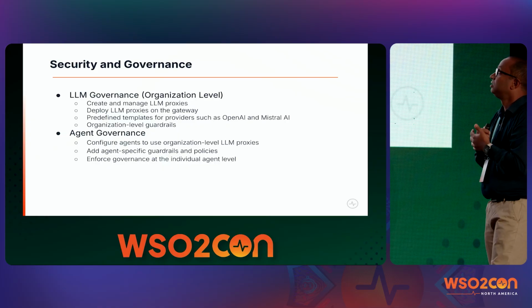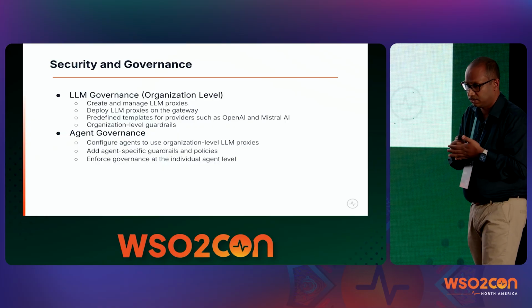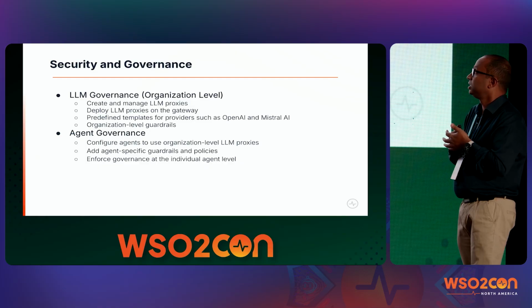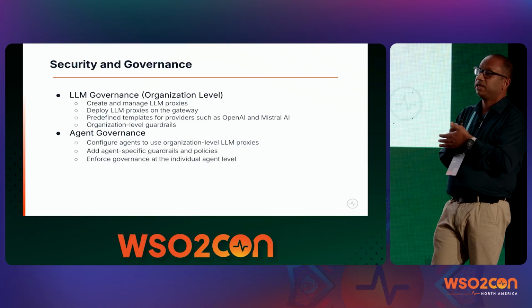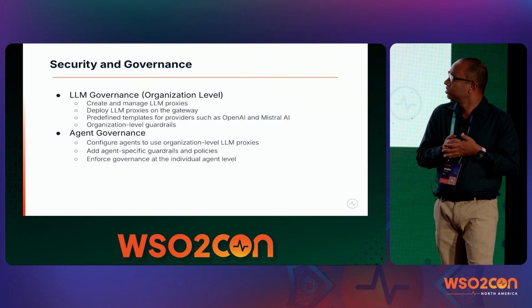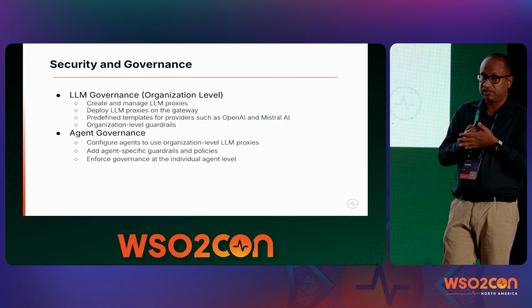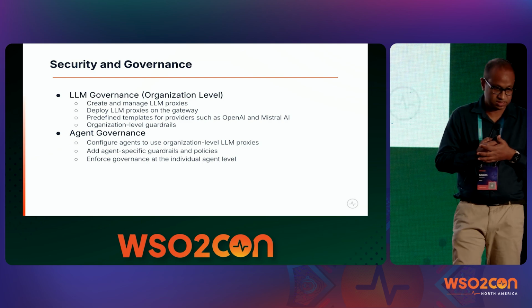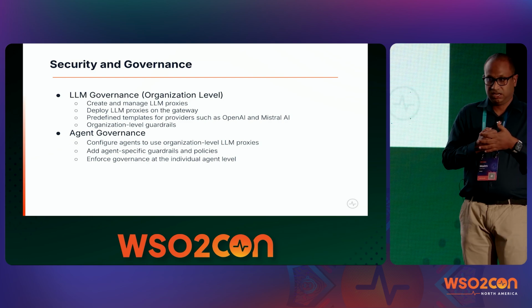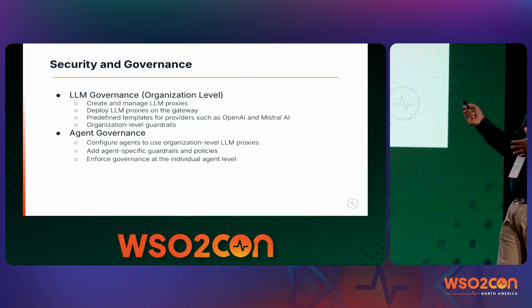The final area that we worked on, and which we have capabilities in the product, is security and governance capabilities. We have LLM governance. This is organization-level LLM governance, where you can create proxies for LLMs.